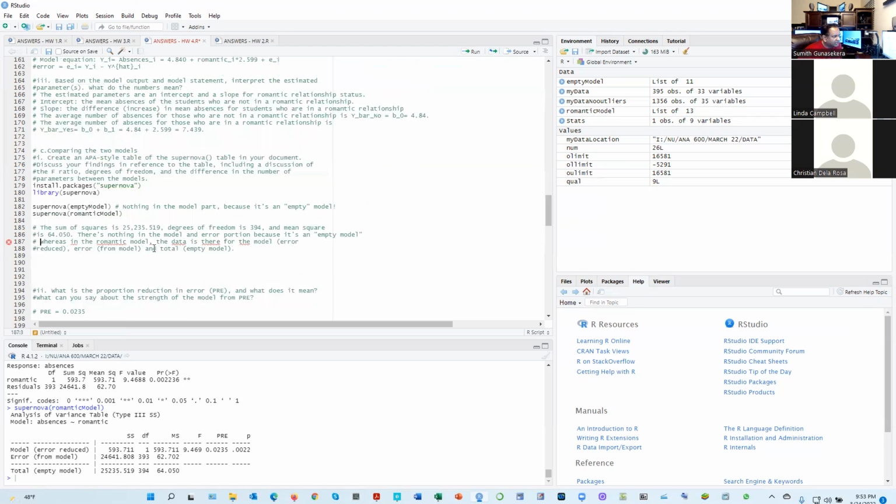Whereas in the romantic model, we can talk about the total sum of squared. I'm going to add something.